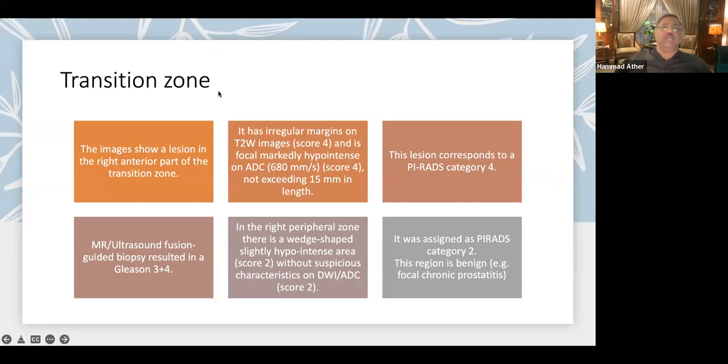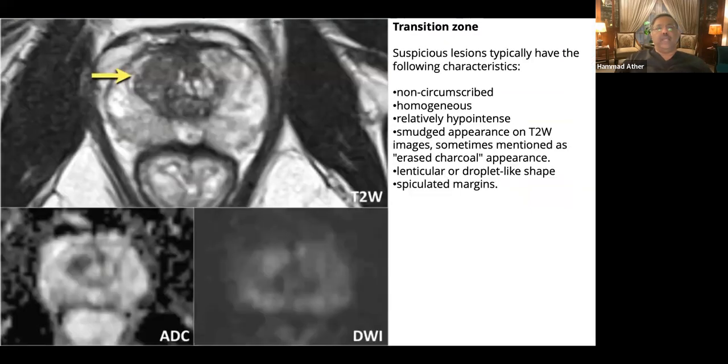So the transition zone, the images as described, there was a lesion in the right anterior part of the transition zone. And just to recap, the transition zone has anterior and posterior parts, whereas the peripheral zone has anterior, posterior lateral, and posterior medial.